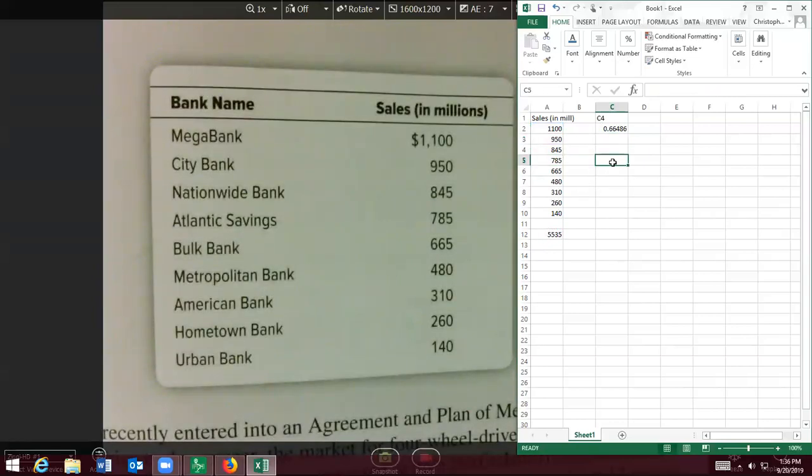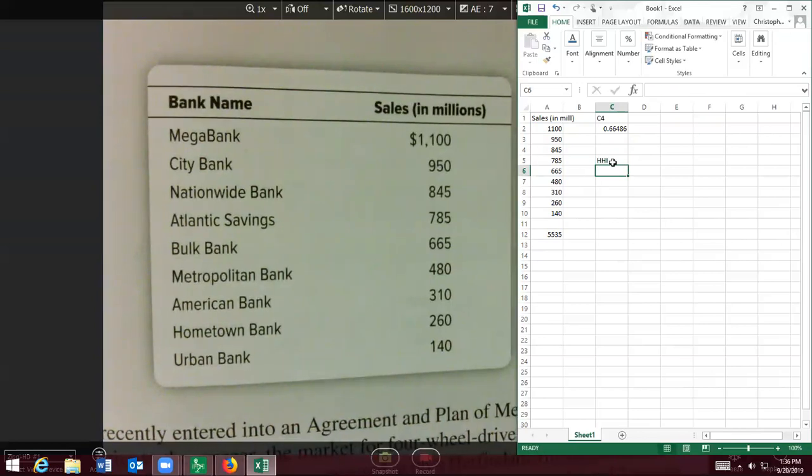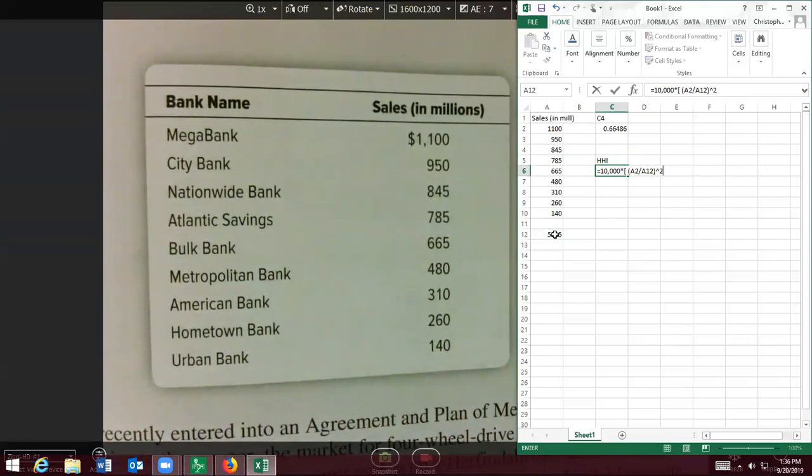So now a little bit harder, the HHI, right? The HHI is going to be 10,000 times, and so we'll do brackets, and then open parentheses, the first one divided by the total, squared.